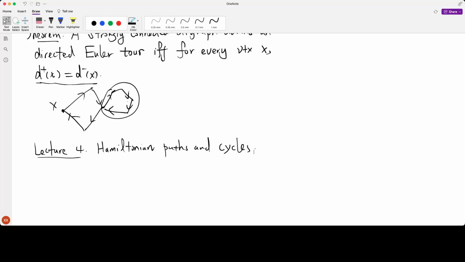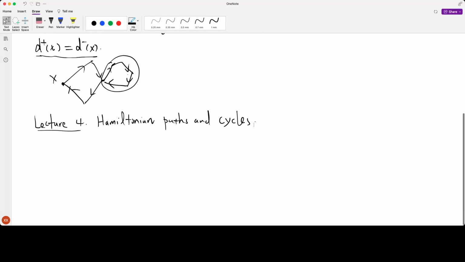We are trying to find a cycle. This time it's a cycle. You're not allowed to repeat vertices or edges. So you are trying to find a path or a cycle which visits all the vertices instead of edges.